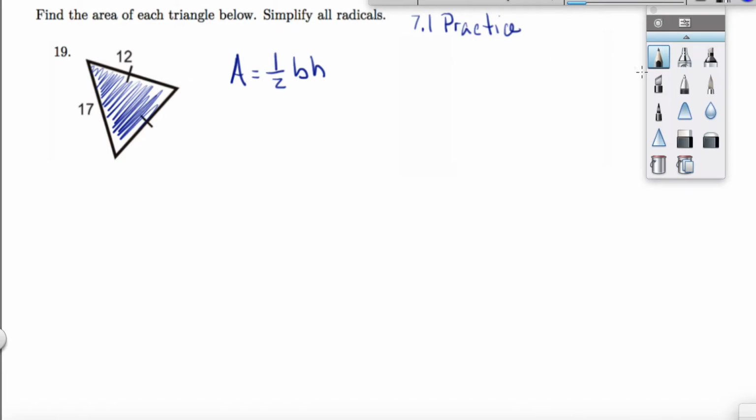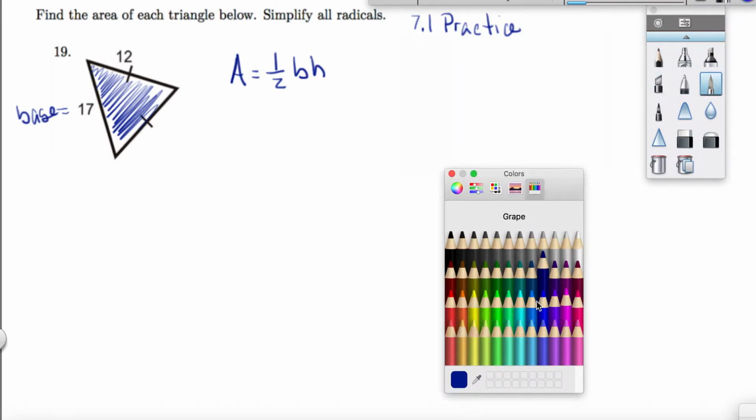So what is our base in this case? Well, 17 is the base of this isosceles triangle. I hope you recognize that this is isosceles because we know that these two sides are both 12.